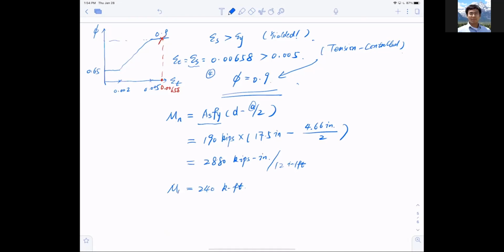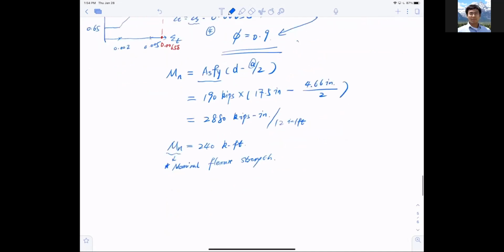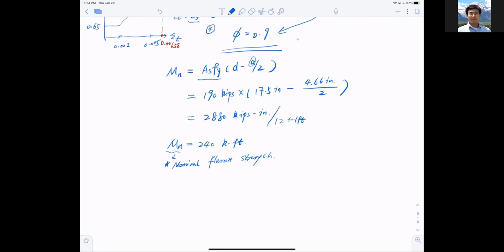So that is my, don't forget, nominal flexure strength or nominal moment resistance. And I also know the design strength is equal to phi Mn, which is 0.9 multiplied by 240, and that gives me about 216, I believe.